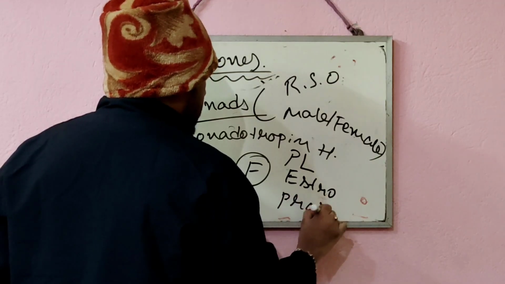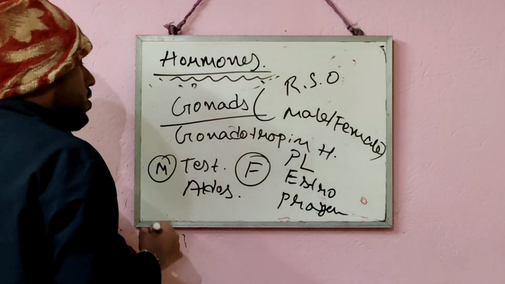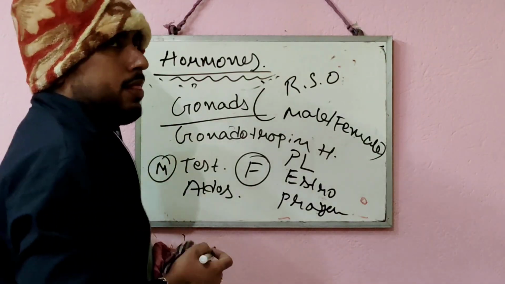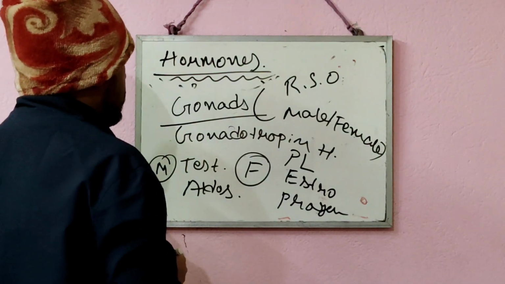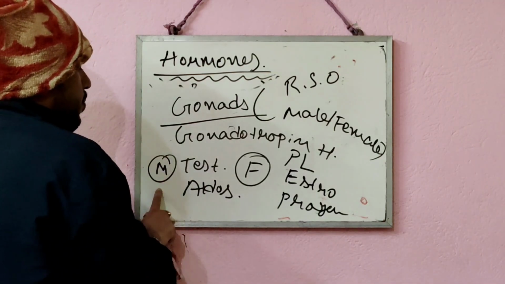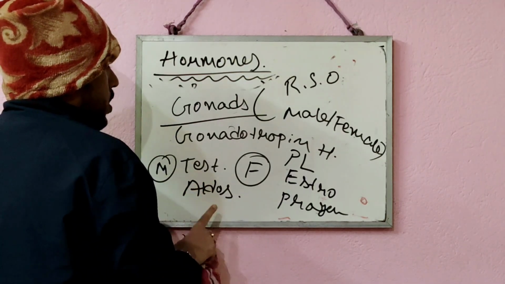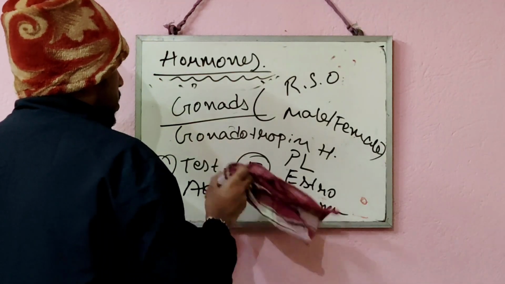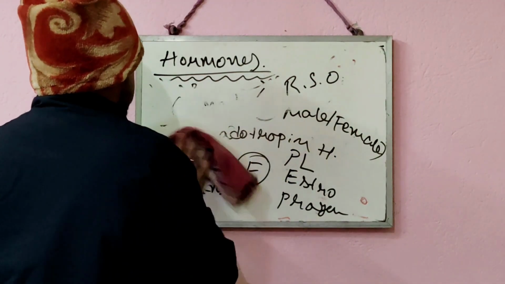So the male and female reproductive system organs are collectively called gonads, and the hormones secreted from all those systems are collectively called gonadotropin hormones. Examples from male are testosterone and aldosterone. For female, progesterone, estrogen and prolactin.